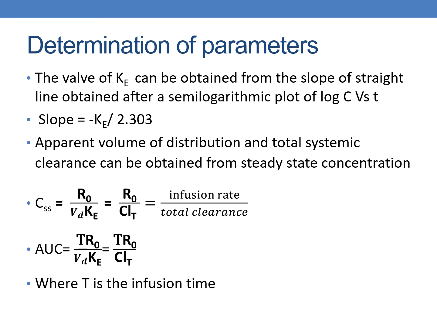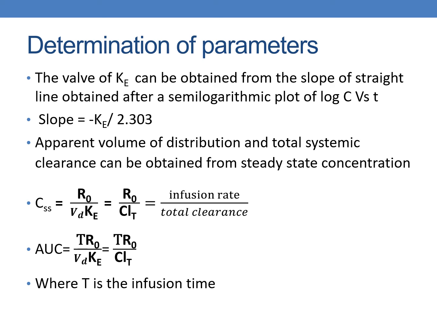So those are the equations that are employed to determine the plasma drug concentration after IV infusion. And now coming to the determination of parameters. We all know that the value of Ke can be obtained from the slope of the straight line obtained after a semi-logarithmic plot of log C versus t.